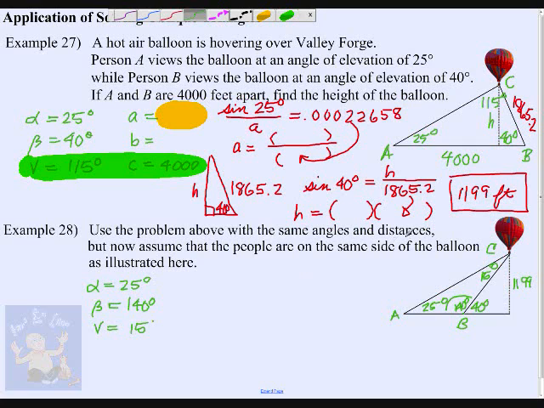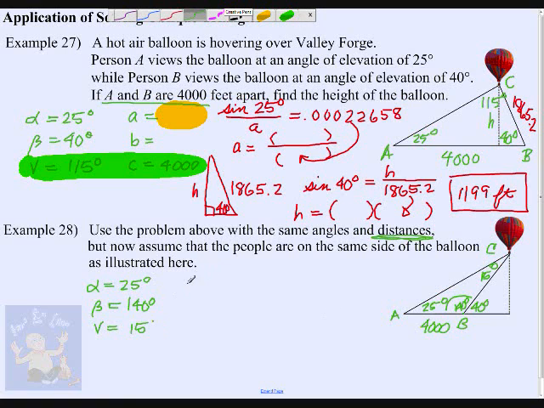Same angles and distances. So this is kind of a matter of interpretation. If I say it's the same as up here as far as distances, then I'd have to say that this is 4,000 feet. Now I think I'm just going to wipe this out because I have decided it's probably irrelevant and wrong.